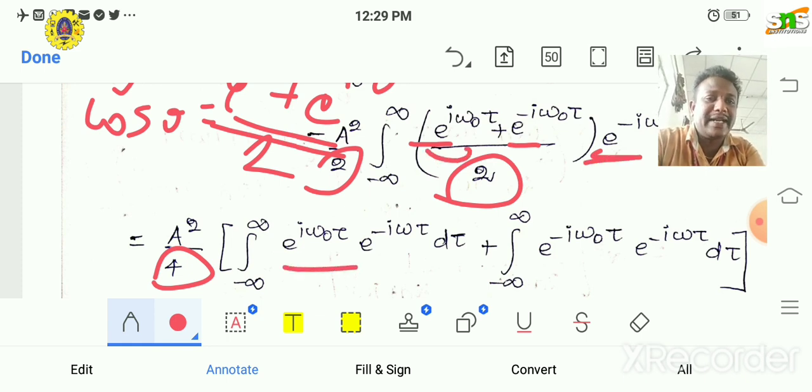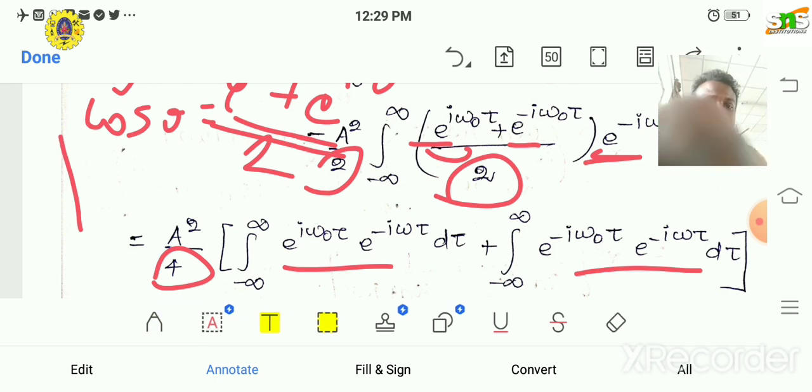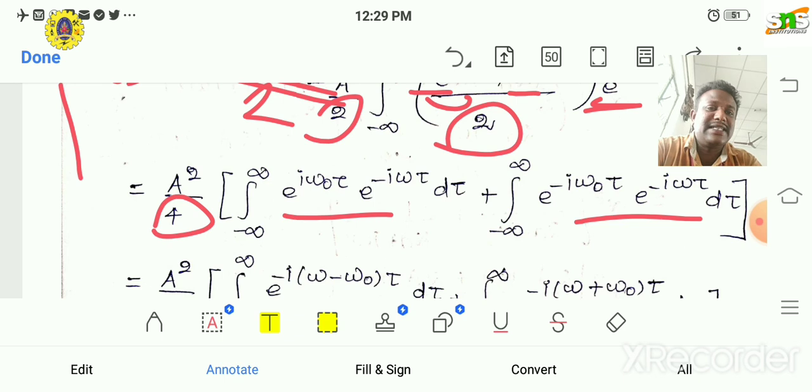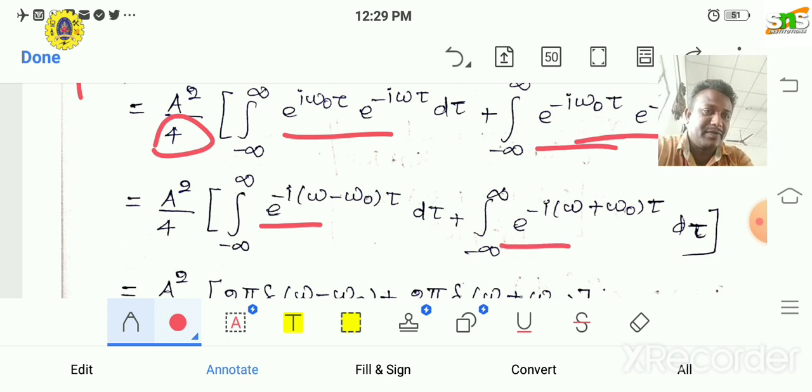After separating, I am getting this step. Look here, we have two terms in terms of e. If the bases are the same, then we can add the powers. By that rule, I have added the powers because the bases are the same in both parts. While adding the powers, I check whether there is any common term.